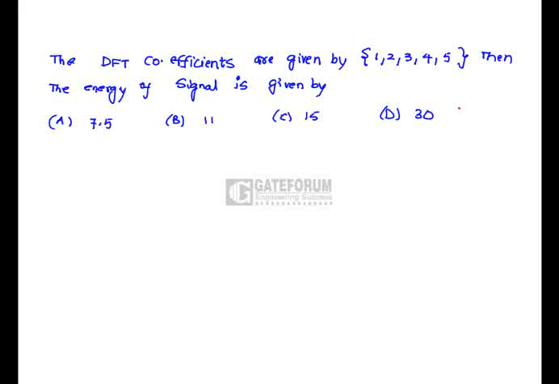The DFT coefficients are given by 1, 2, 3, 4, 5. Then find the energy of the signal. We know the energy in time domain, sum of x square n, is equal to 1 by N times the sum of the frequency domain X square of k. So here N is equal to 5 because there are 5 samples.